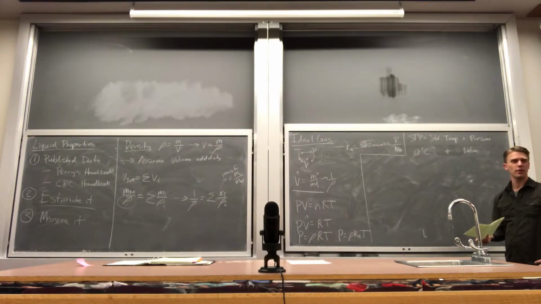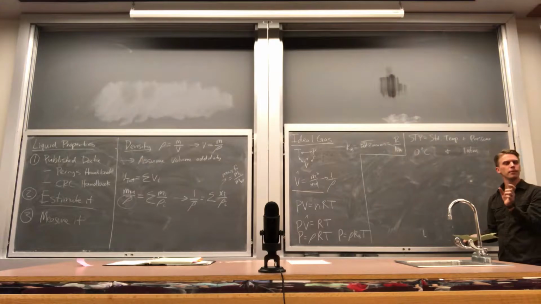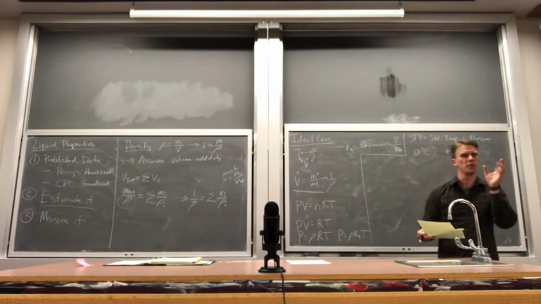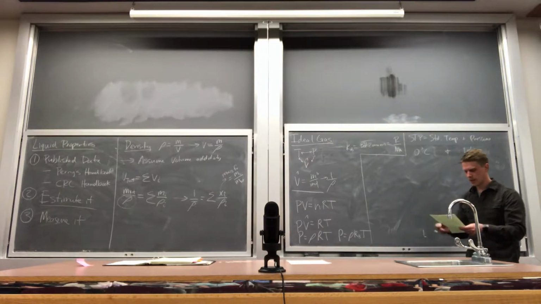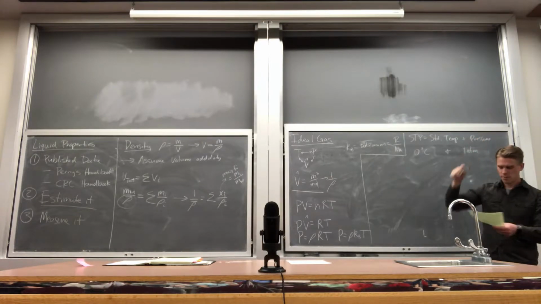Oftentimes atmospheres are kind of annoying to work with because it's 101 kilopascals as opposed to a bar, which is 100. So a lot of thermodynamic texts rely on bars as opposed to atmospheres, just because of that 1%. But ultimately, that's not a big deal. What is the volume of 1 mole of an ideal gas at STP? 22.4 liters.